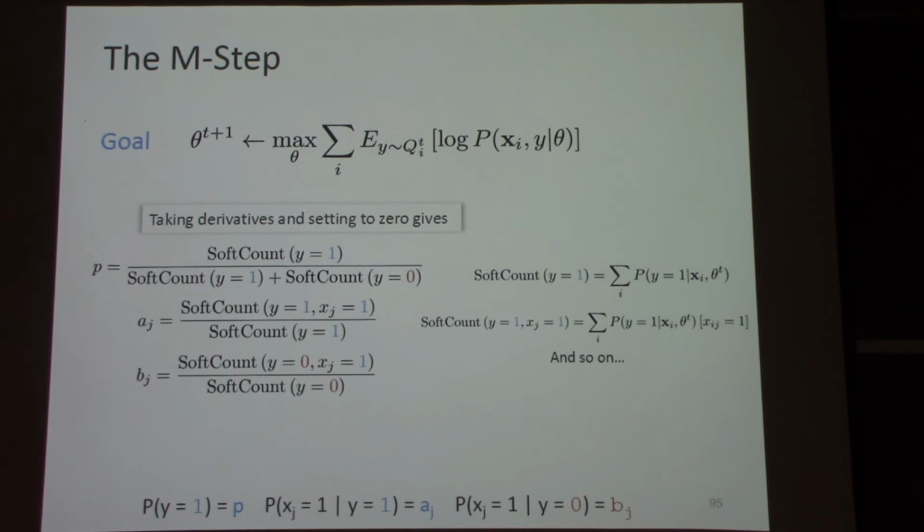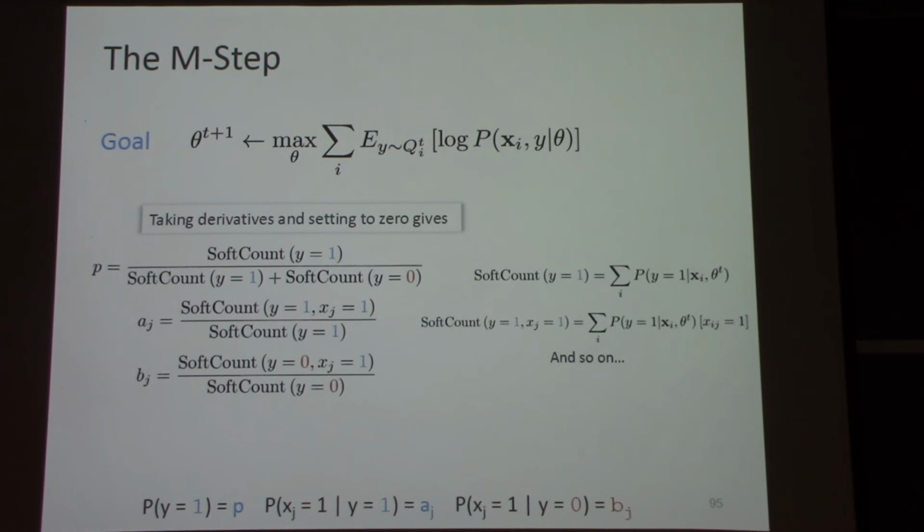The probability of the label being 1 is just the fraction of 1s. Instead of counting, we use soft counts. In other words, a soft count is just the sum of probabilities of 1 happening.